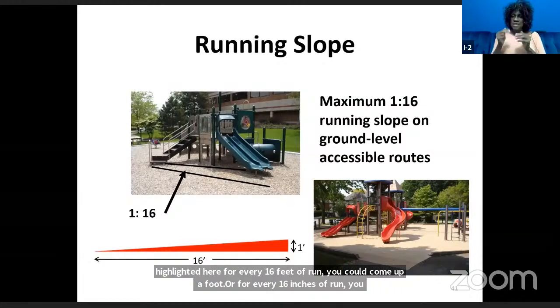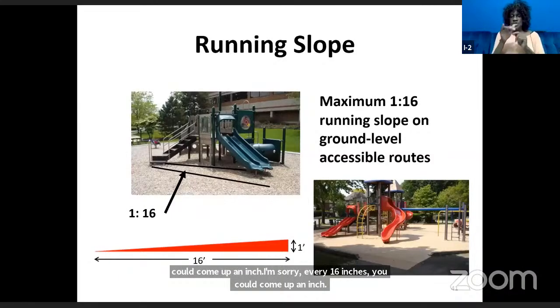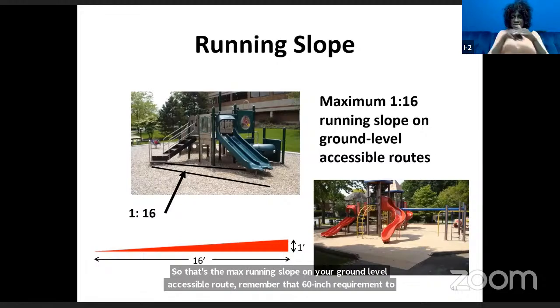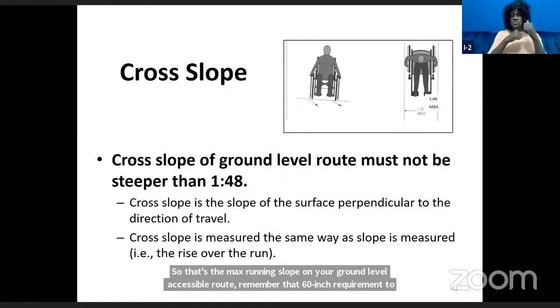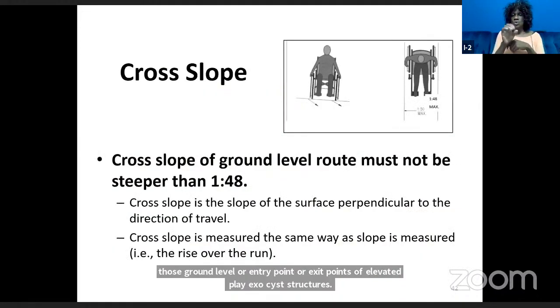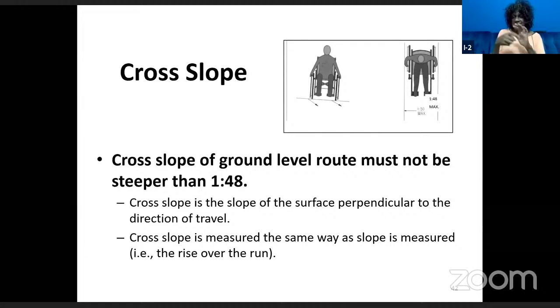So that's the max running slope. On your ground level accessible route, remember that 60-inch requirement to those ground level entry or exit points of elevated play composite structures. Also a cross slope requirement on slide 42: 1 in 48, no steeper than, is the requirement within that 60-inch accessible route.